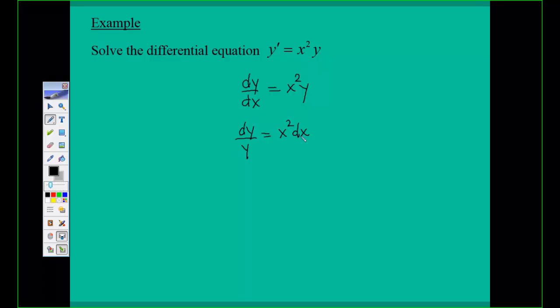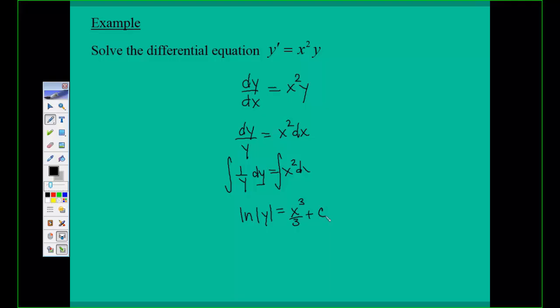The left side of the equation we could write as 1 over y times dy, taking the antiderivative of both sides. The left side, the antiderivative of 1 over y, we are taking it with respect to y, would be ln of the absolute value of y equals x cubed over 3 plus our constant of integration.